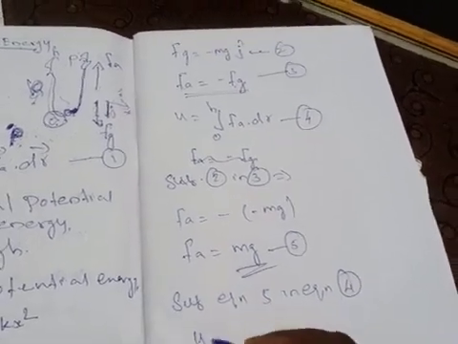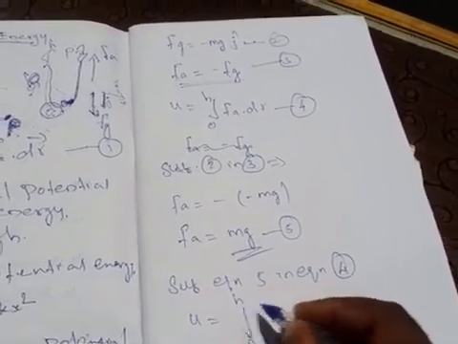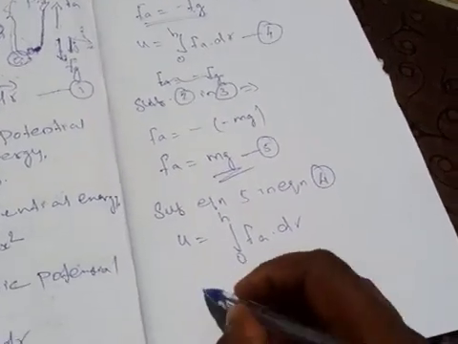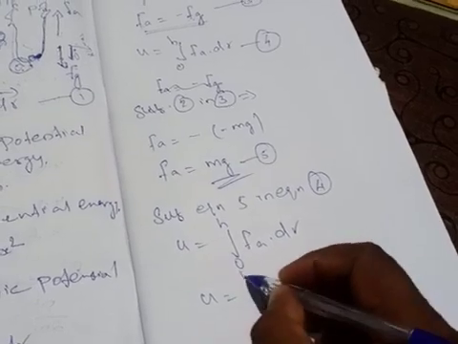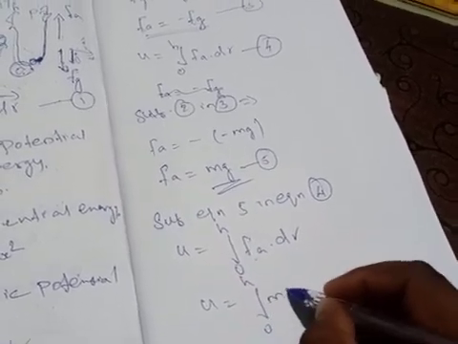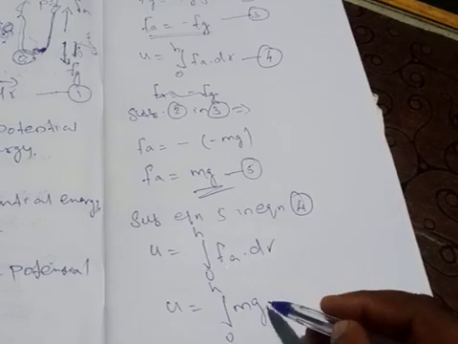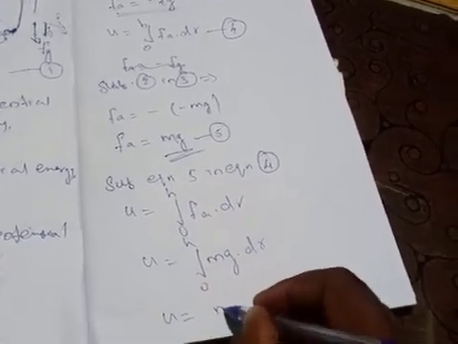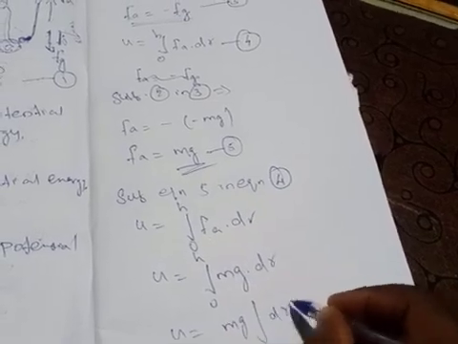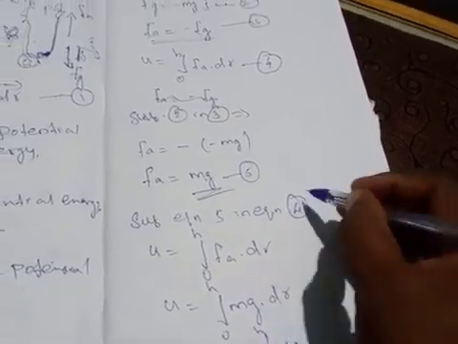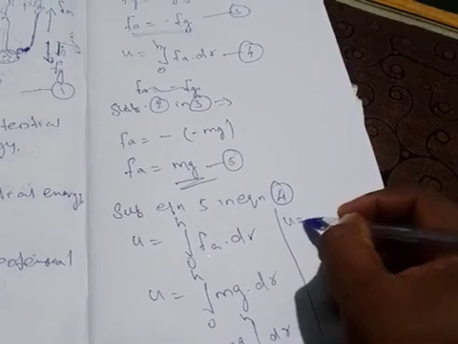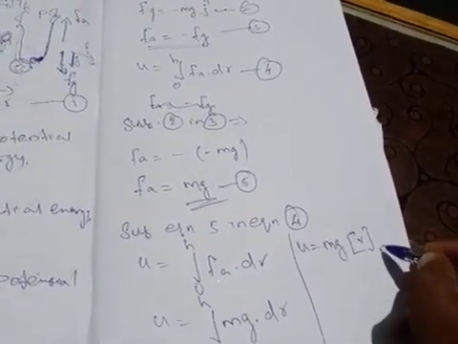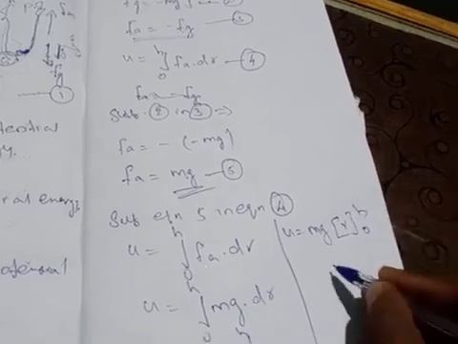So we get U is equal to the integral from 0 to h of Fa dot dr. Fa means mg, so U is equal to the integral from 0 to h of mg dr. Take mg outside and integrate only dr. The integration of dr is r, so you put the limit 0 to h.